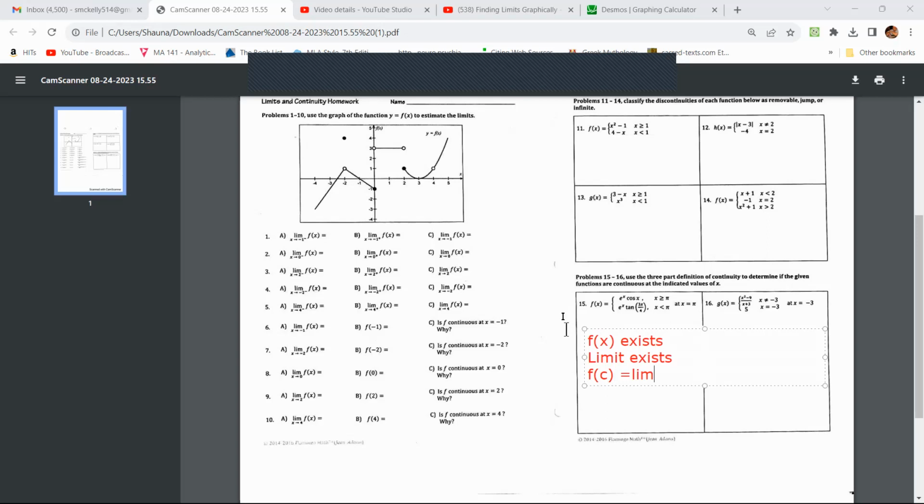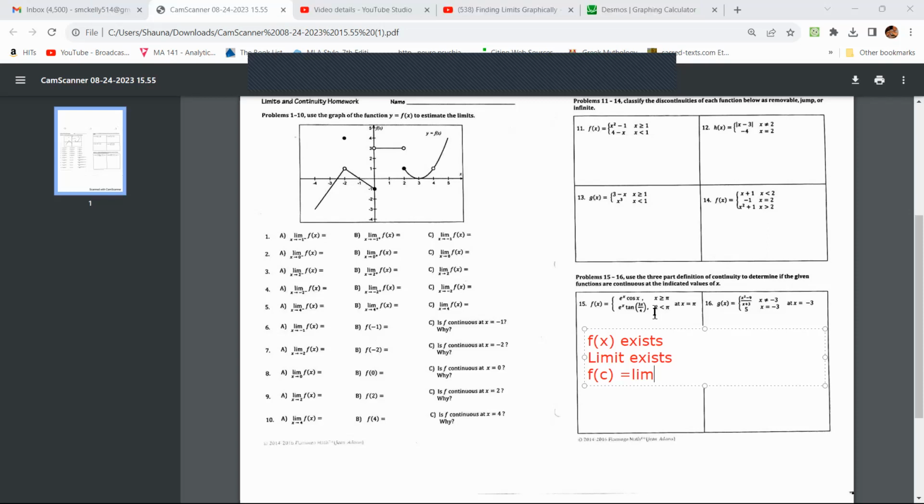So what we have to show in 15 and 16 is, first of all, what value are we looking at? It tells you we're looking at pi. So first of all, you have to show that this is defined at pi.